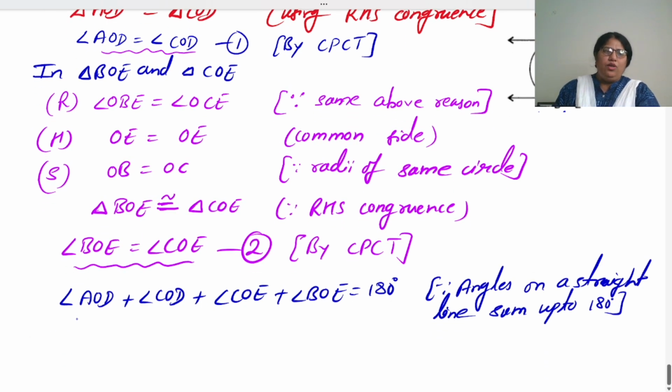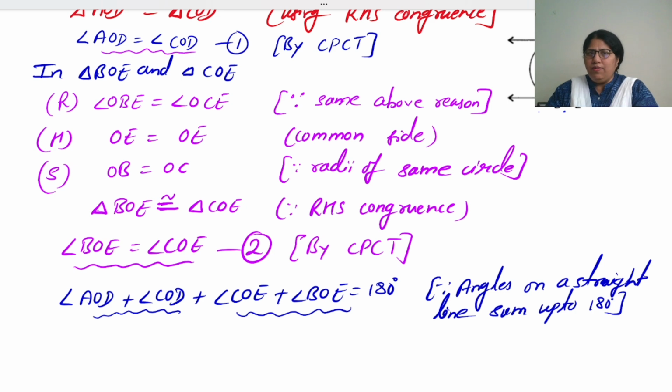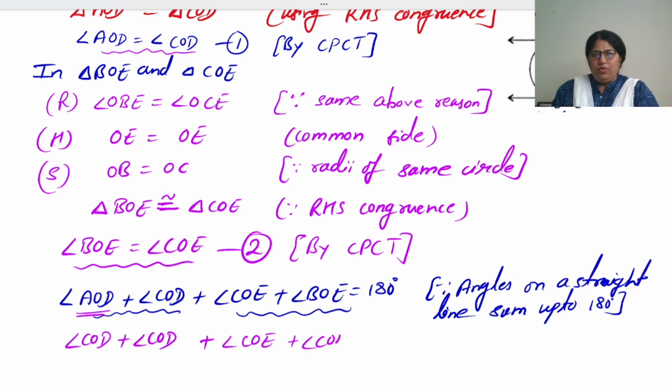Now from 1 and 2, because AOD is equal to COD and COE is equal to BOE. Now which part of the angle should I take? This interior part, because I have to consider this angle and this angle. So instead of AOD, I can substitute here angle COD plus angle COD, and I need the part of angle COE. So instead of BOE, I'll write down angle COE, right? This is 180 from 1 and 2.